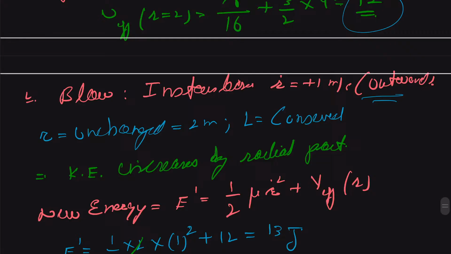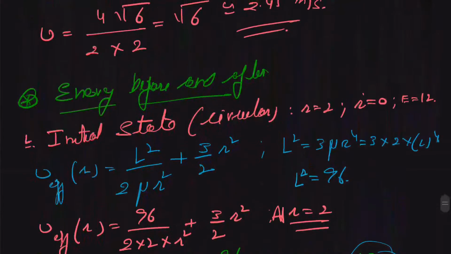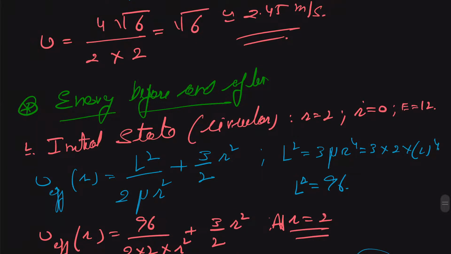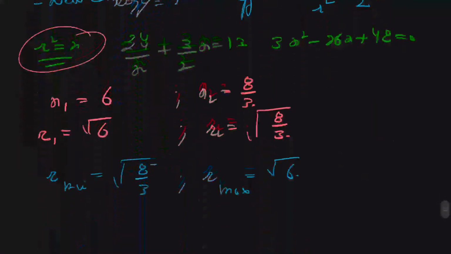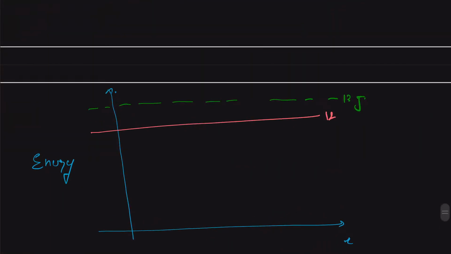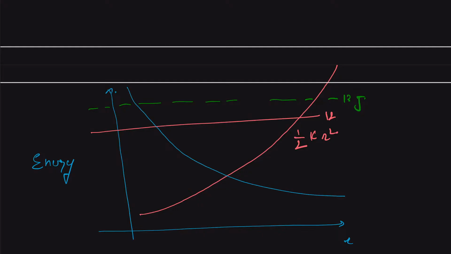One is half k r square, and the other one is L square divided by 2m r square. So based on this, one component is half k r square, and the other component is L square upon 2m r square.